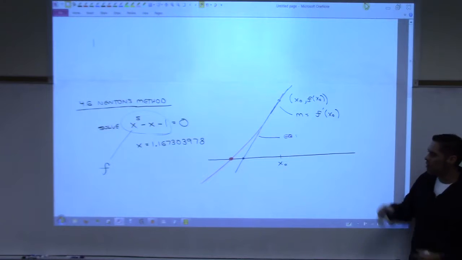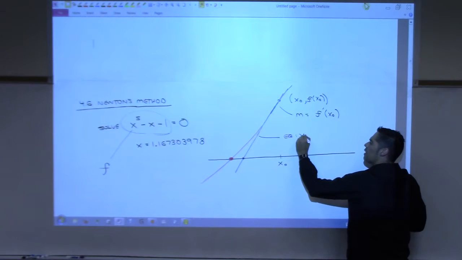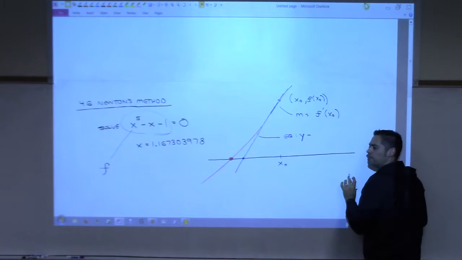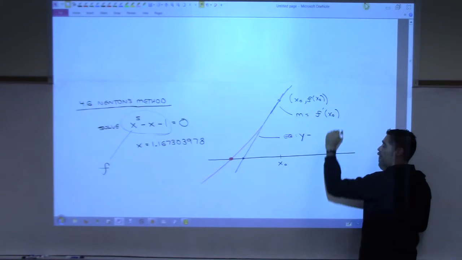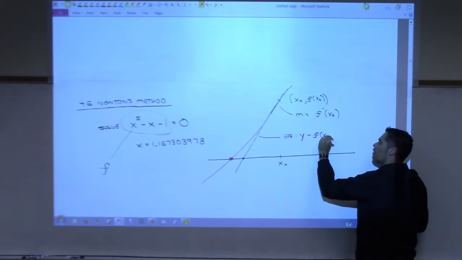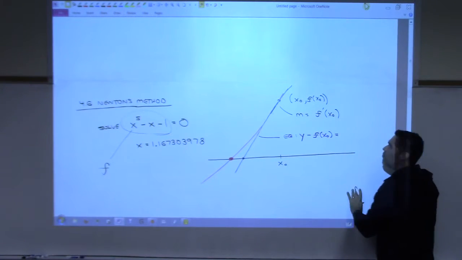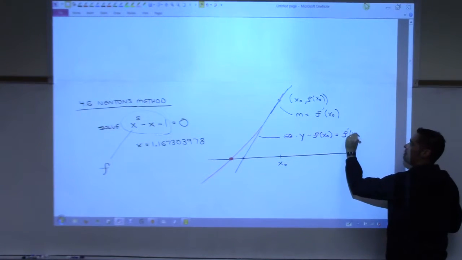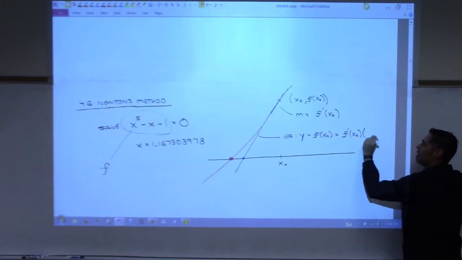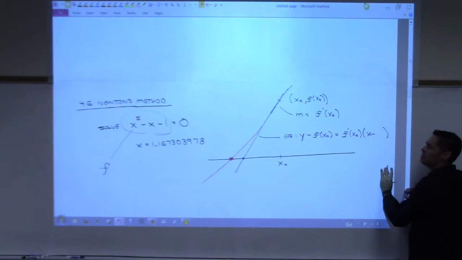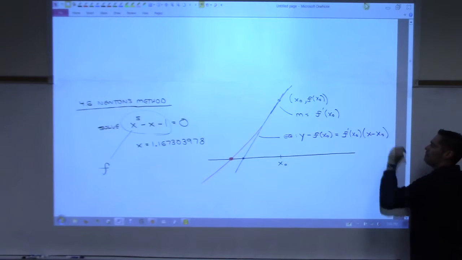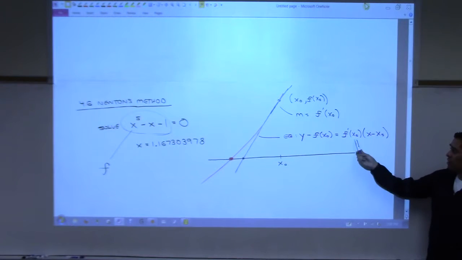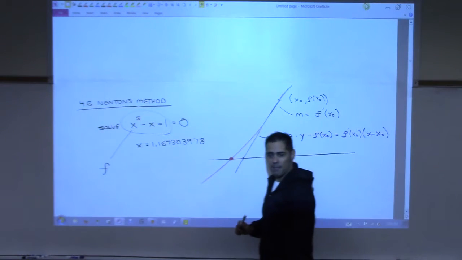Remember that? So I'm going to write y minus, what's y1? f of x naught, equals m, what's my slope? Derivative at x naught, right? Times x minus x naught. That is the equation of this purple line, right?